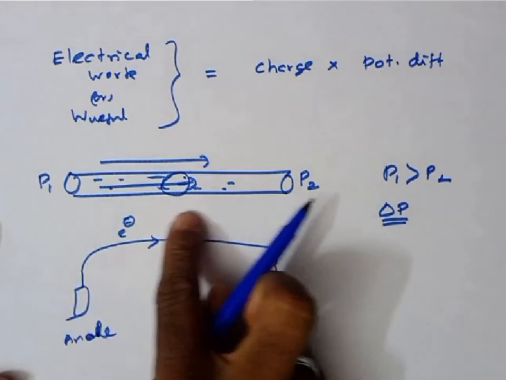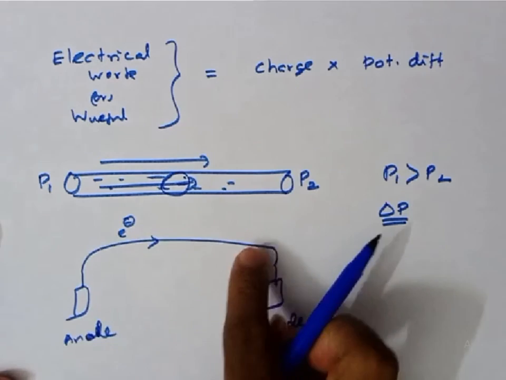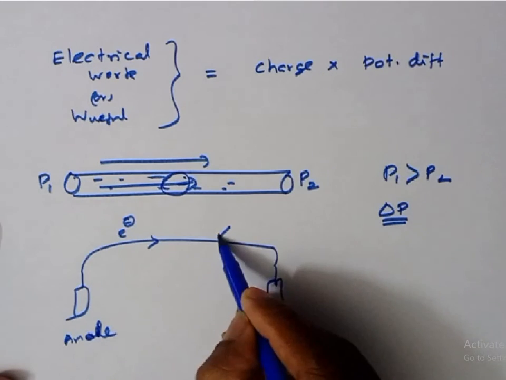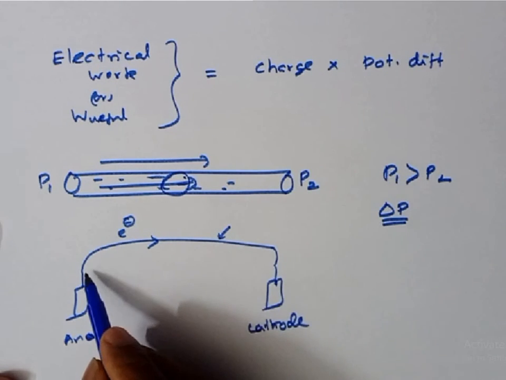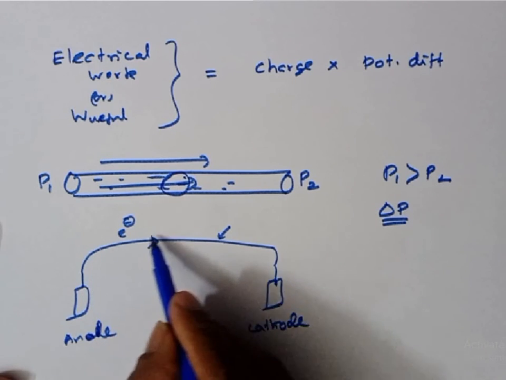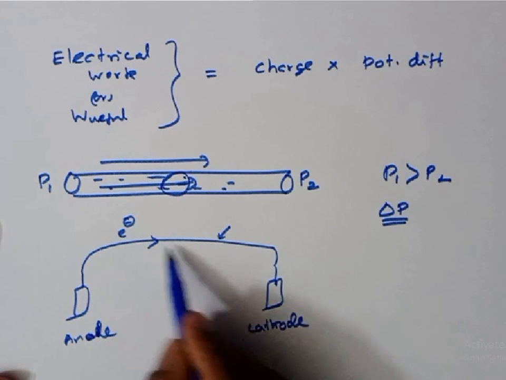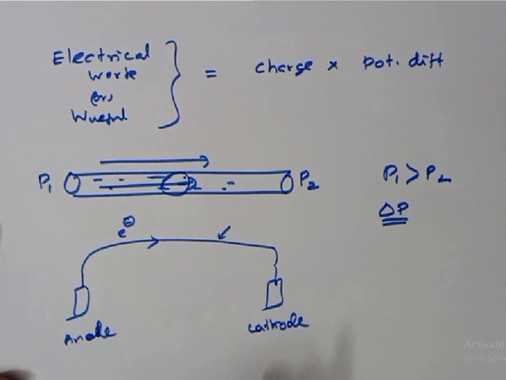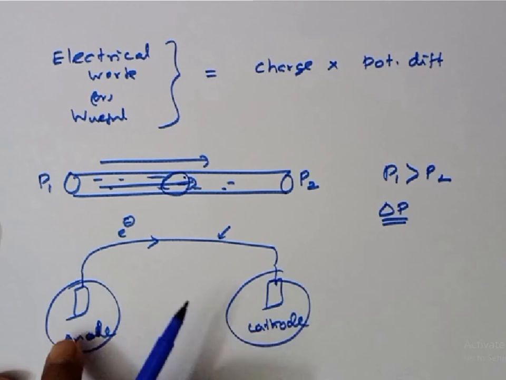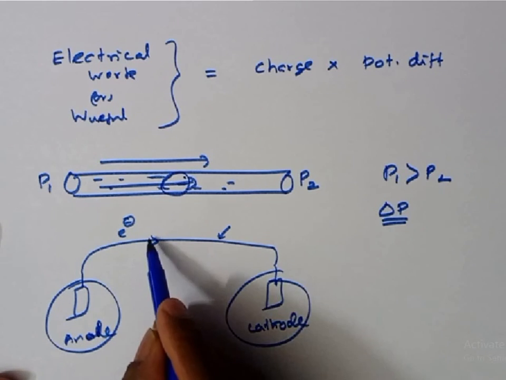Electron flows from anode to cathode along the wire. Wire means conductor. Listen, through a conductor, if you want to move electrons, you require a potential difference. You'll get some potential here, you'll get some potential here. If there is a difference in potential, then only the electrons will move.